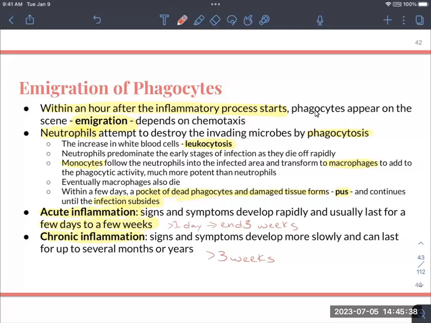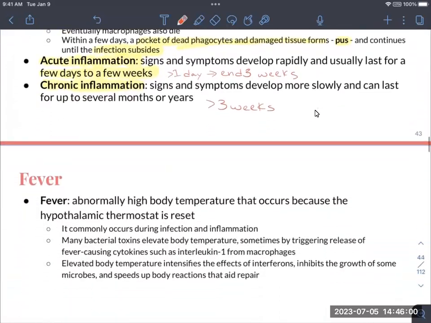Your system should come in and get rid of that swelling, get rid of those signs of inflammation as everything starts to heal. If that is not happening, it can turn into chronic inflammation. If it does not go away after those 3 weeks, it is considered something more chronic.